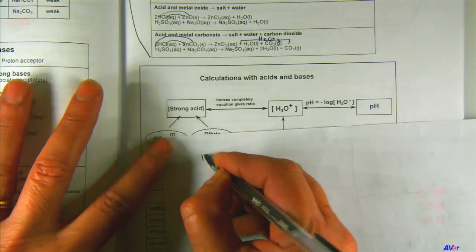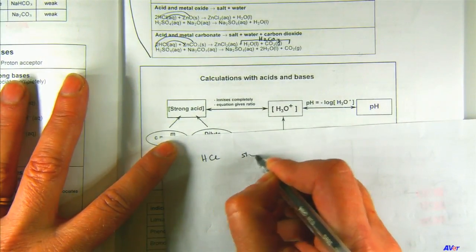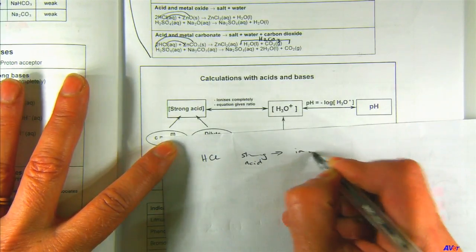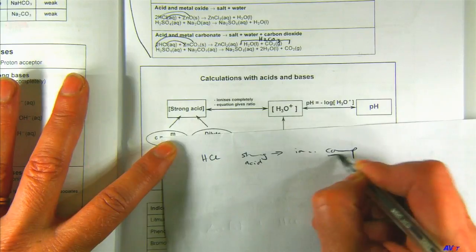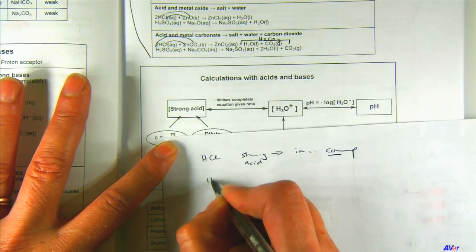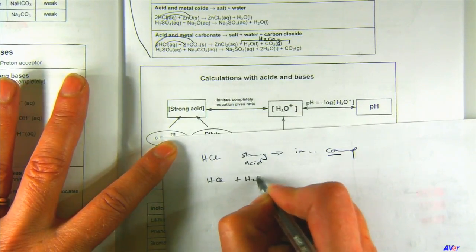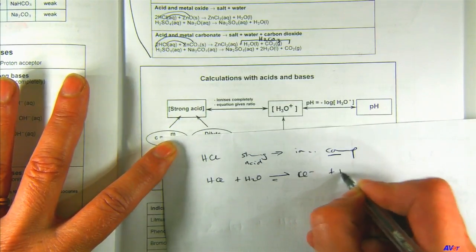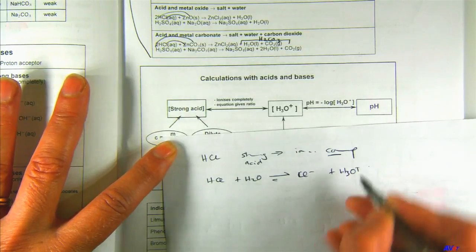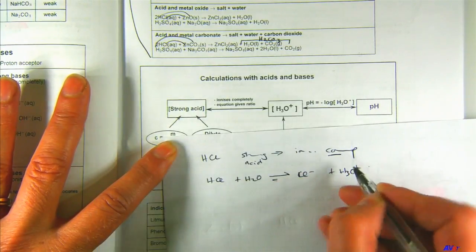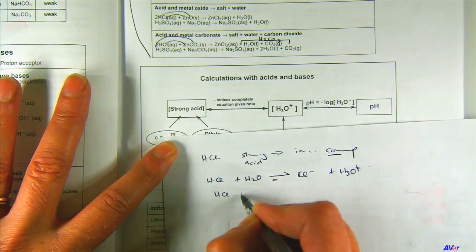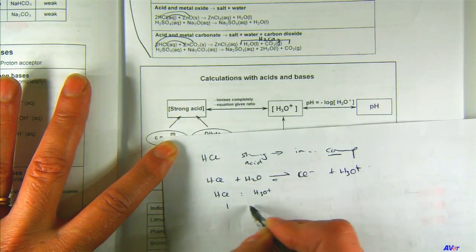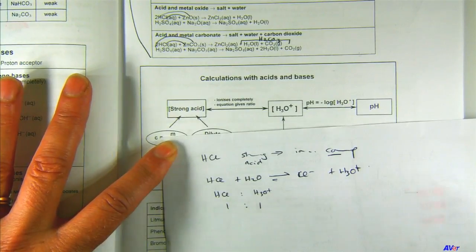It's a strong acid, so it will ionize completely. If it ionizes, it will give Cl minus and H3O plus, and you can say, aha, it ionizes completely, and for every HCl that I start off, I end up with H3O plus. One of these will make one of those, right?